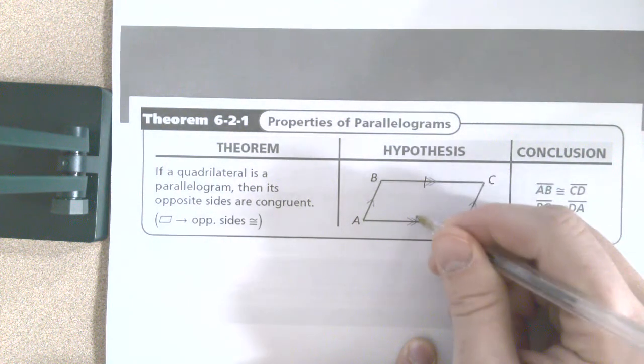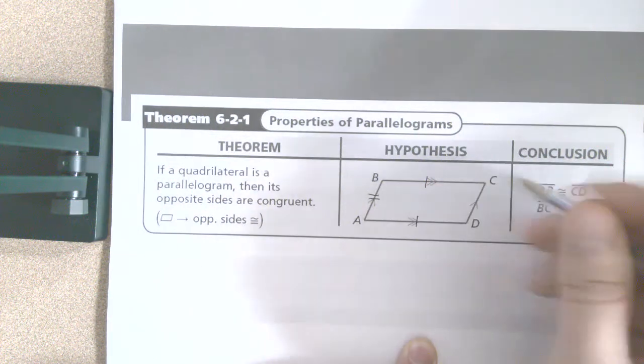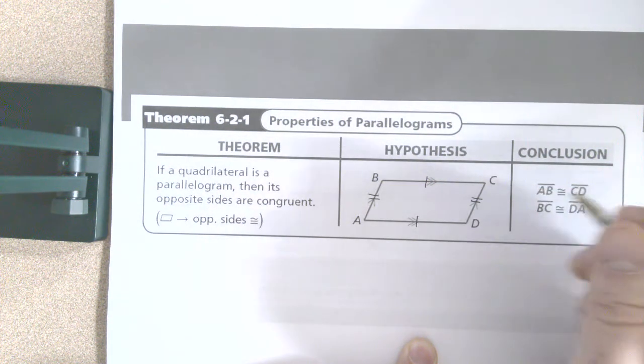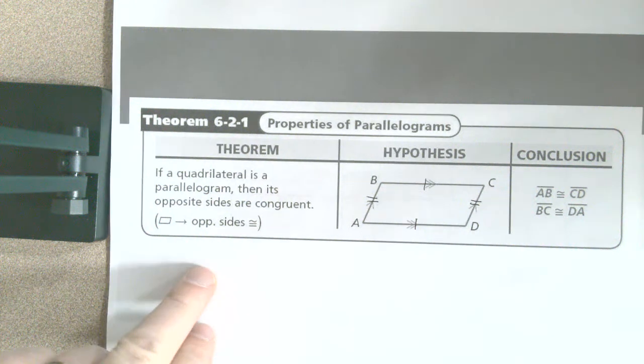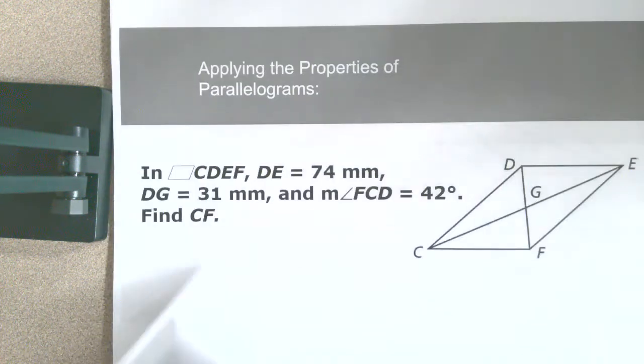Again, they're already marked as parallel, but we could mark them to show that the sides are also congruent. So property number 2, opposite sides are congruent. Okay, let's go ahead and move on to the next slide.